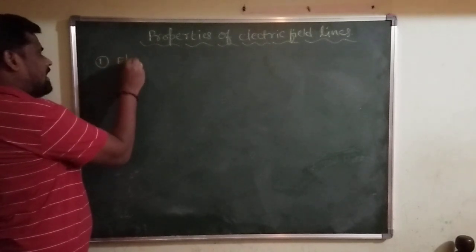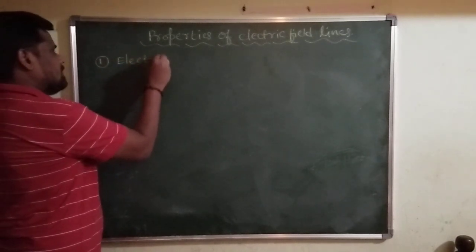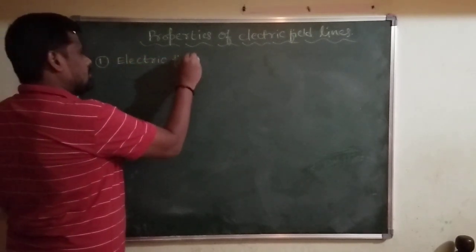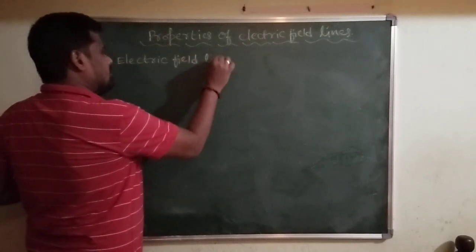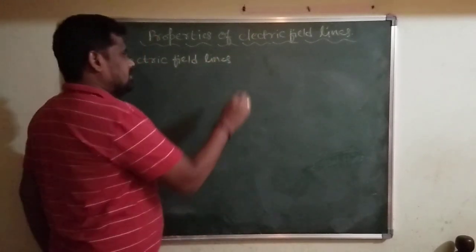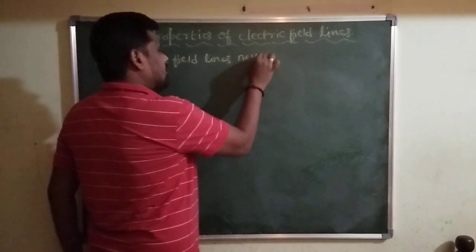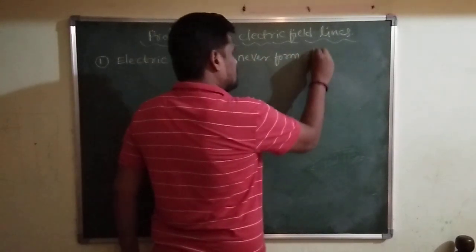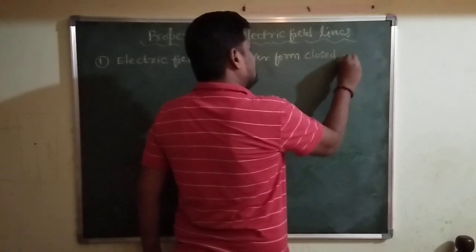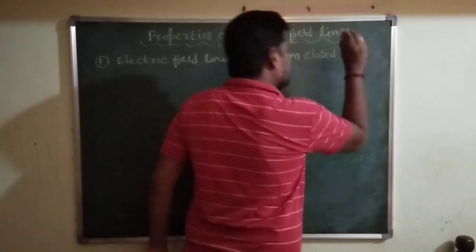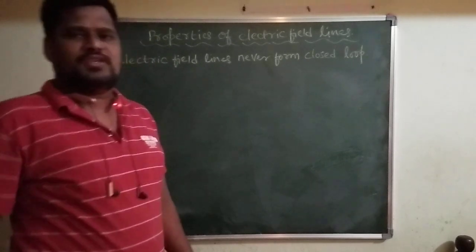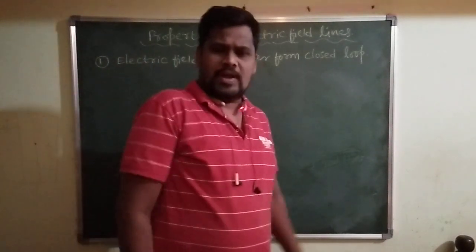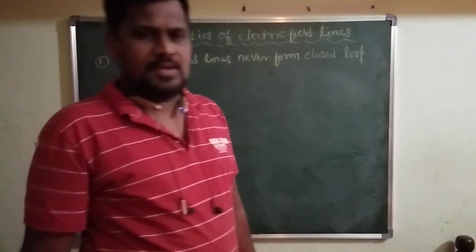Electric field lines never form closed loop. So what is the meaning of this property? When will we call it a closed loop, you tell me?